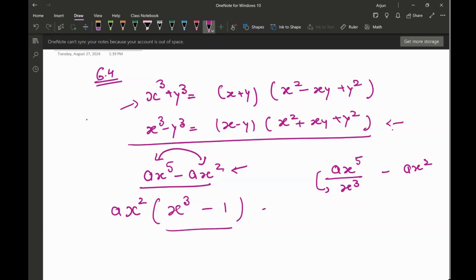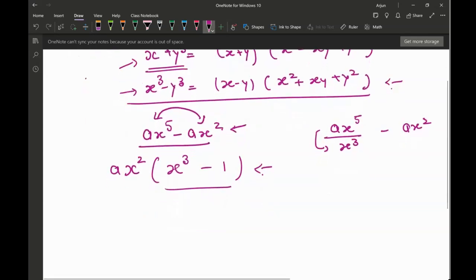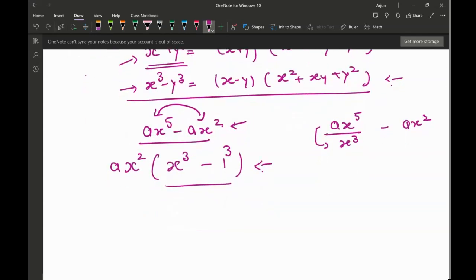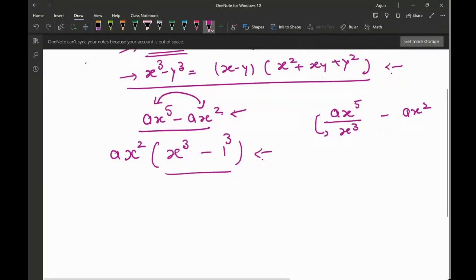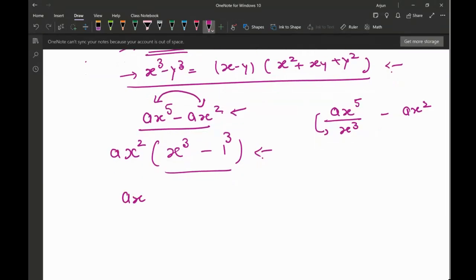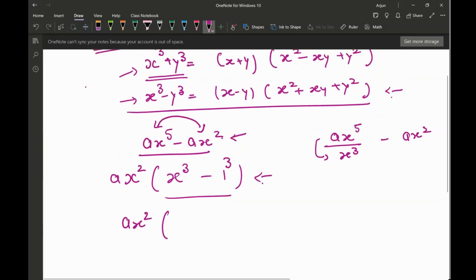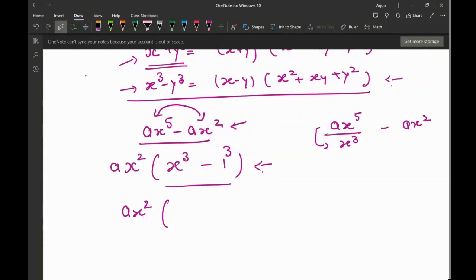Now this has started taking some kind of a shape. I can convert it into this form by putting a cube on top here, because 1 cube is 1. Now ax square will stay as common, and then x cube minus 1 cube, I can write as x minus 1 times x square plus x times 1 plus 1 square.